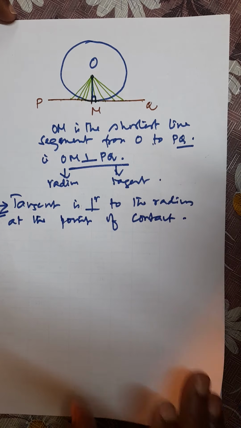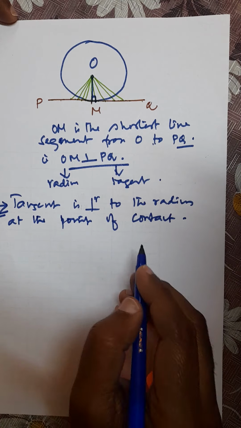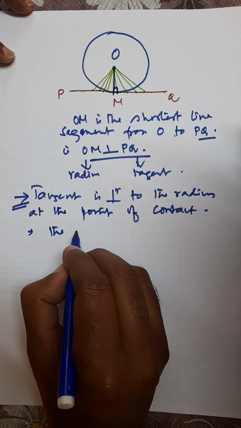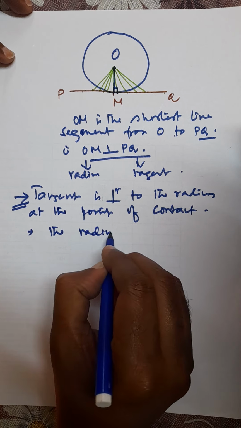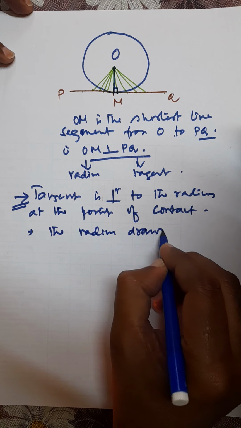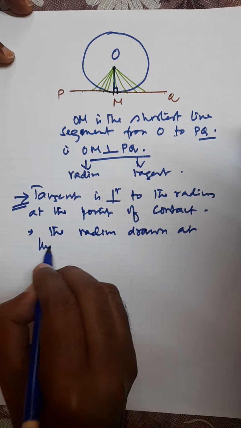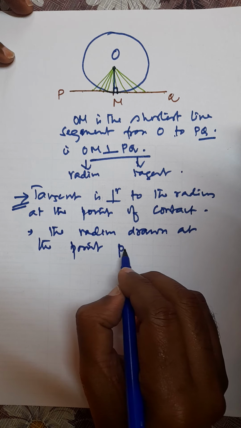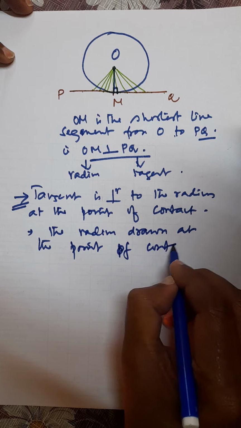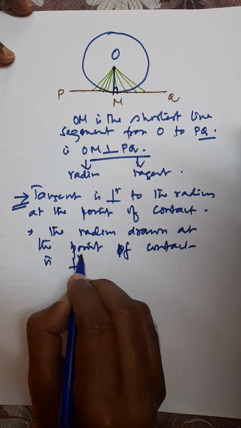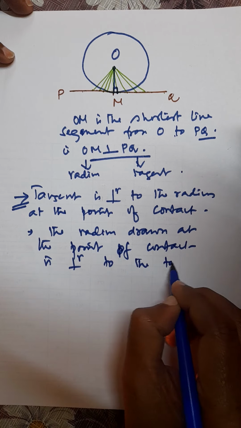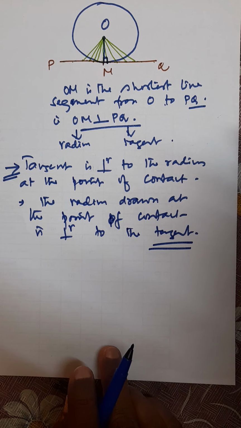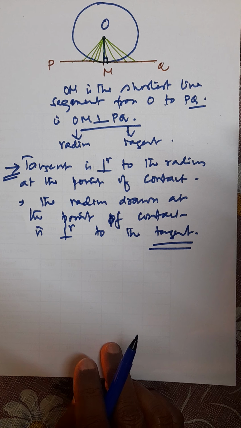The tangent is perpendicular to the radius at the point of contact, or the radius drawn at the point of contact is perpendicular to the tangent. Okay. So these things you have to keep in mind.